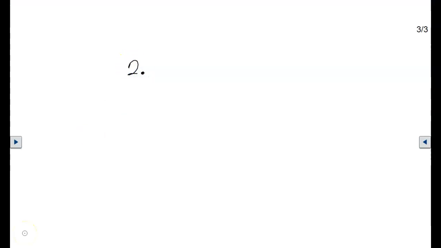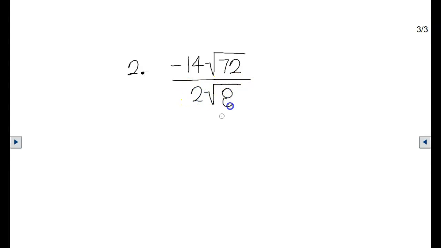All right, let's try another one of these problems. Let's try negative 14 square roots of 72 divided by 2 square roots of 8.